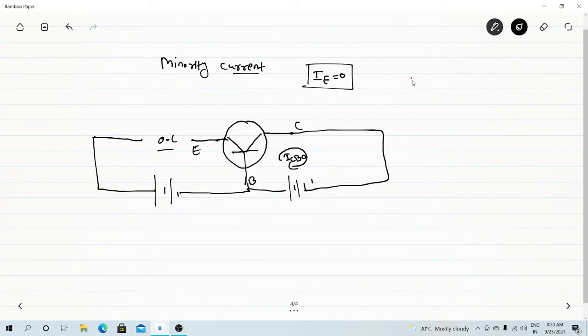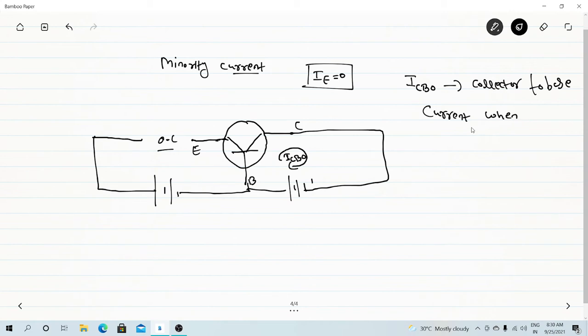See, this ICBO is basically collector to base current. Collector to base current when emitter is open.